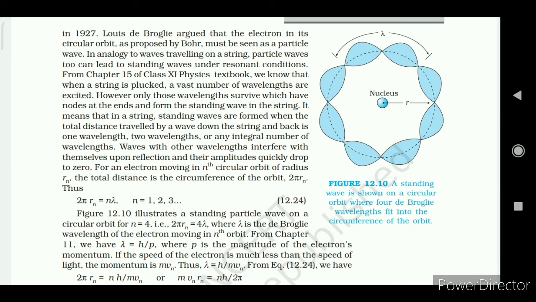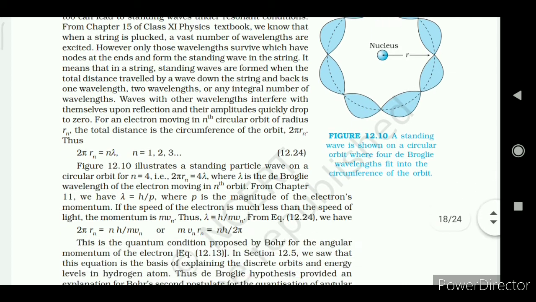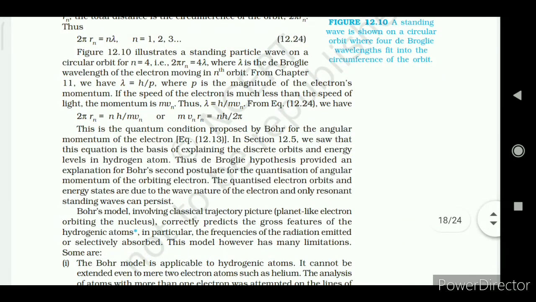Figure 12.10 illustrates a standing particle wave on a circular orbit for n equal to 4. That is, 2 pi Rn is equal to 4 lambda, where lambda is the de Broglie wavelength of the electron moving in the nth orbit. From chapter 11 we have lambda equal to h upon p, where p is the magnitude of the electron's momentum.